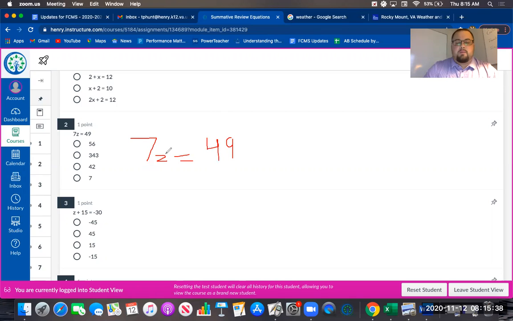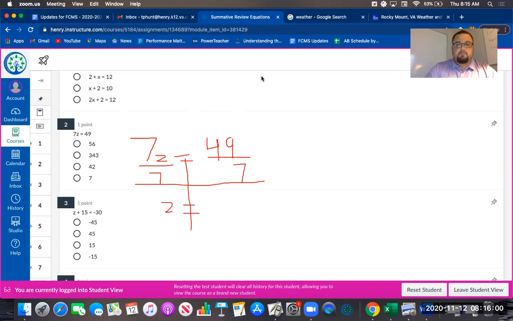So whatever this variable is, it's going to be multiplied by 7. So what we have to do is the inverse of this, and we have to divide each side by 7. Make sure you draw your line, just kind of separates everything. So then Z is going to equal 49 divided by 7 for this problem here.